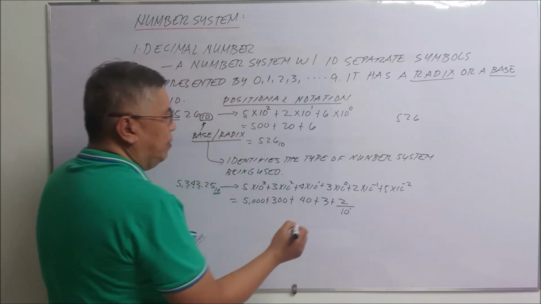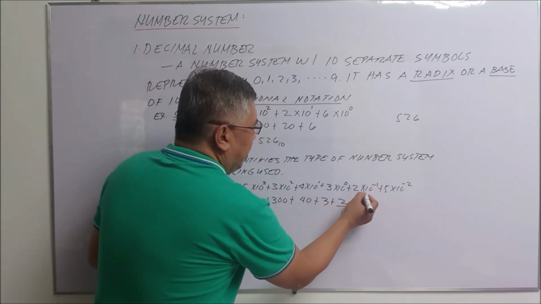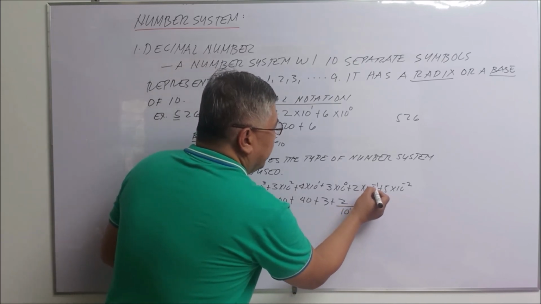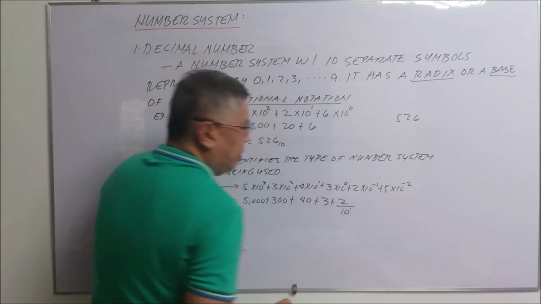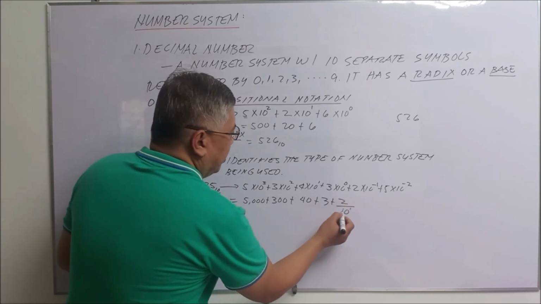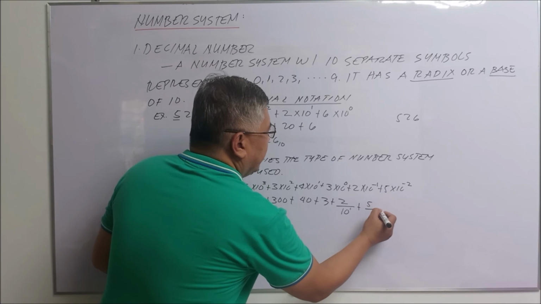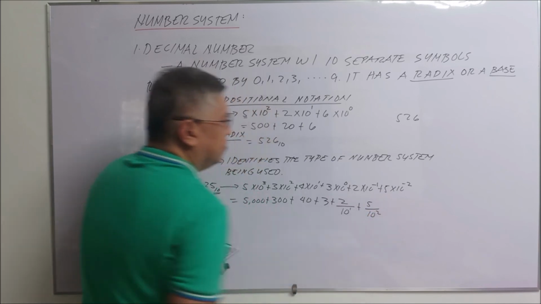If we change this, this is multiplication; if we have it divided by, so that the exponent becomes positive, you have 2 over 10 to the first plus 5 over 10 to the second.